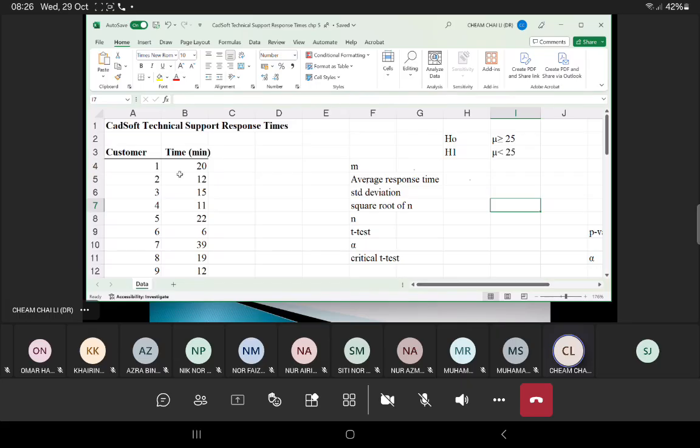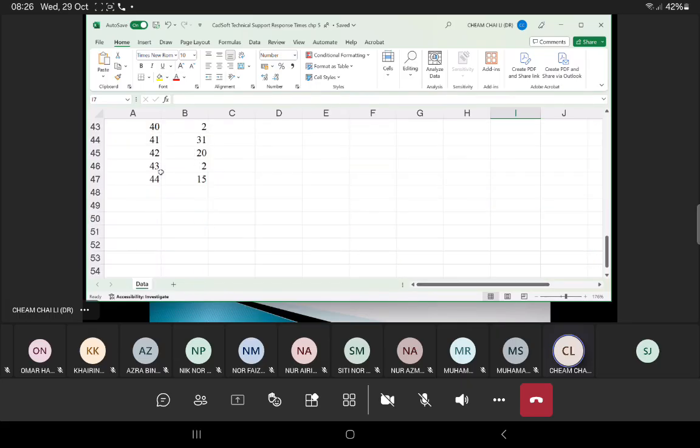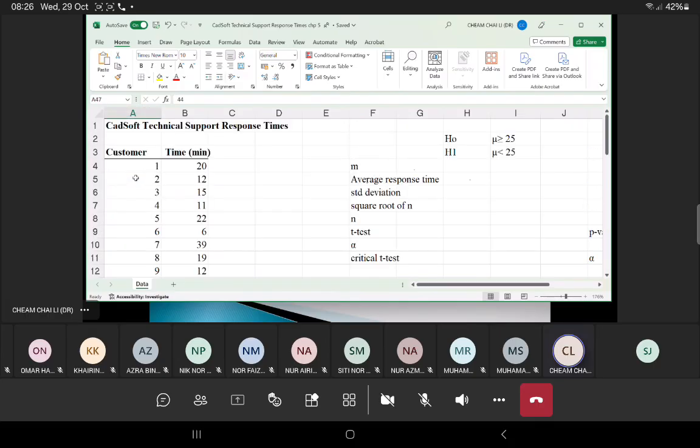And because this is the first time we are looking at this data set, you see, you have 44 responses from the customer, and the second column shows the time taken by the technician to respond to the customer.